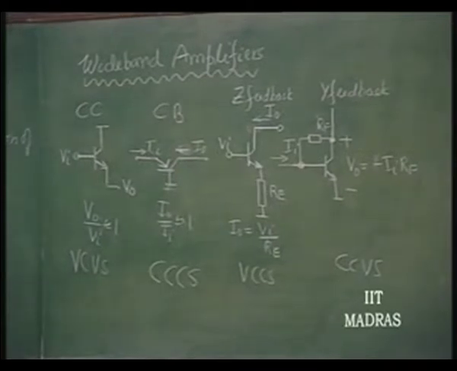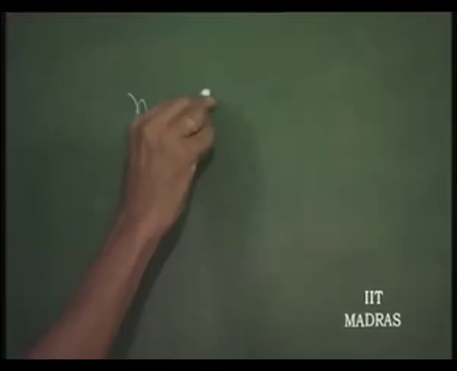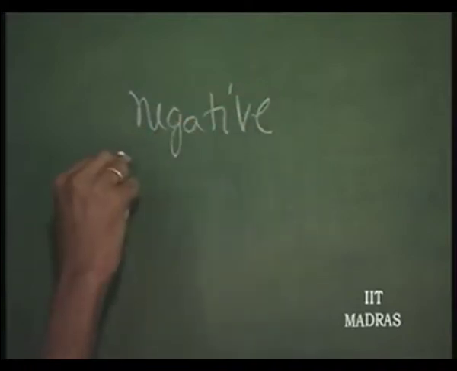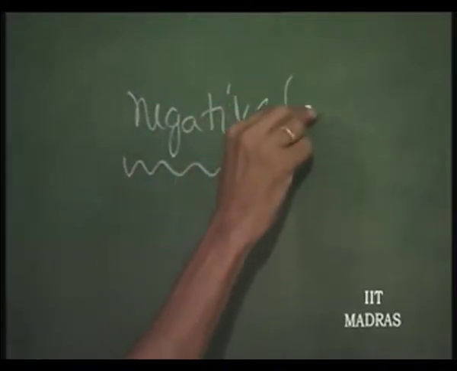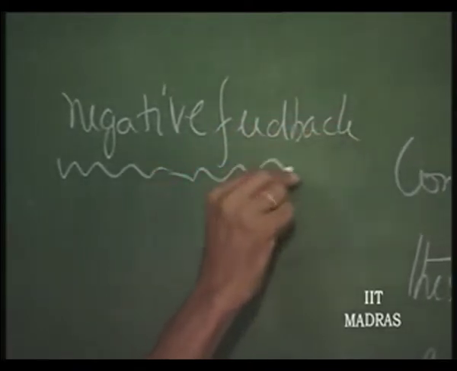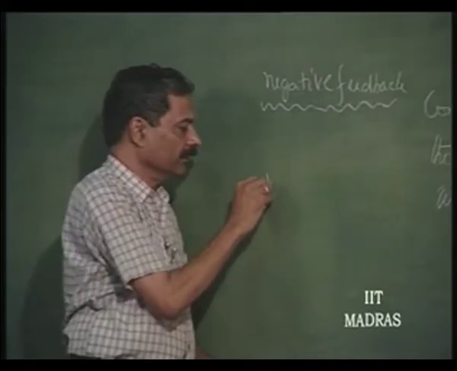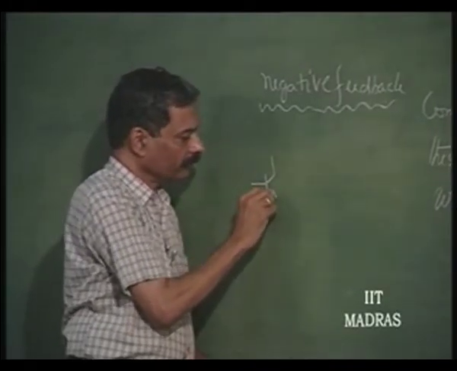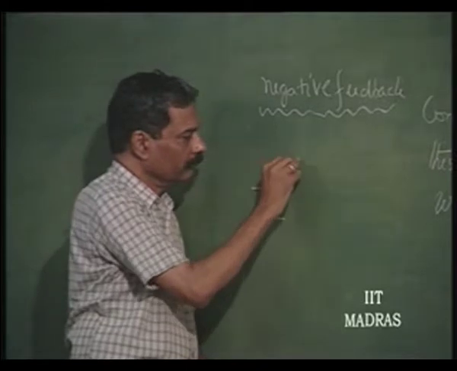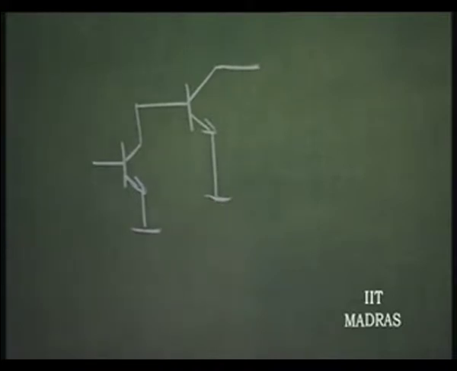We have therefore negative feedback structures with two transistors. Two common emitters cascaded together. What are the negative feedback wideband structures?